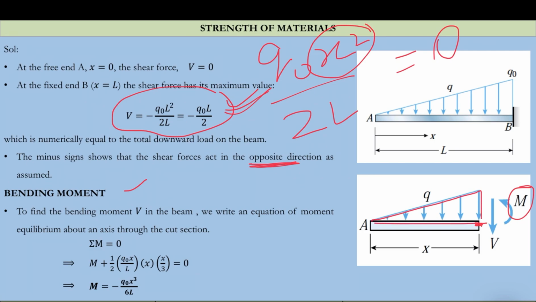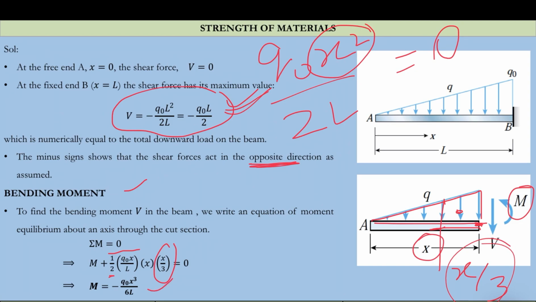The total load is half into q naught x by L into x, and the lever arm is x by 3. The centroid of the triangle from this point is at x by 3; if the dimension is L, it will be L by 3, and if it is x, it will be x by 3.